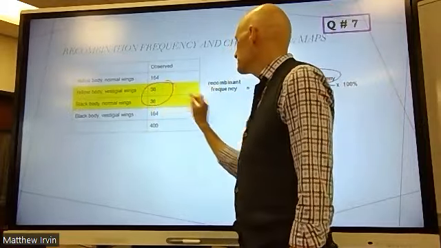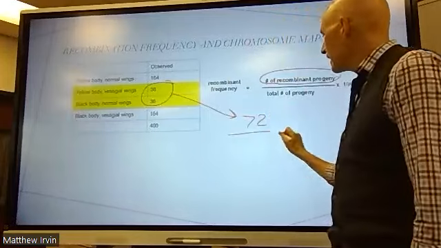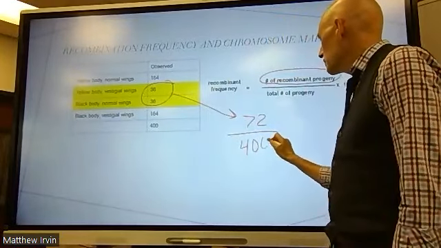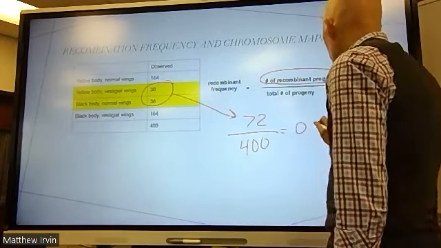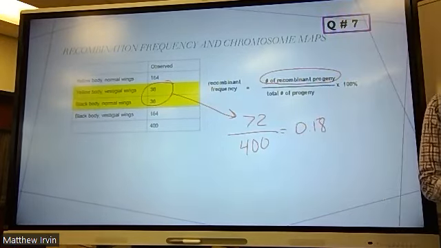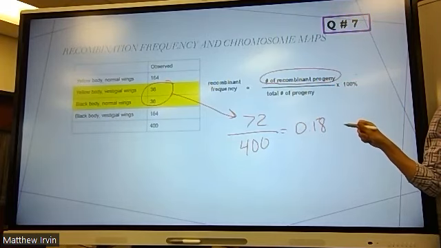In this case, that is 72. We're going to divide that by our total offspring. So that is going to give us a number of 0.18. So that is the recombination frequency. What that tells us is they cross over 18% of the time.